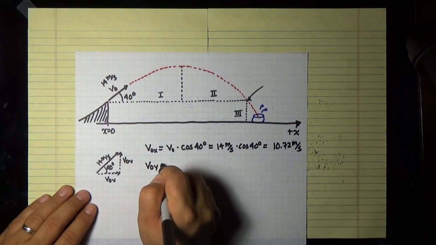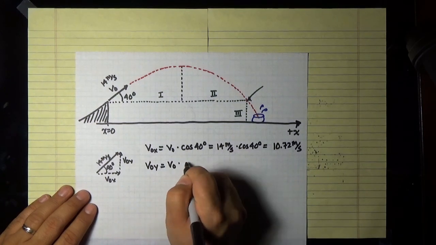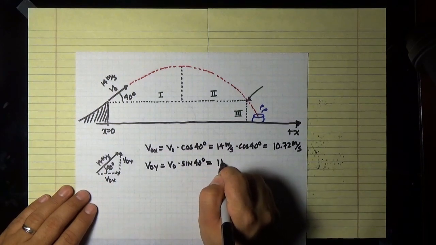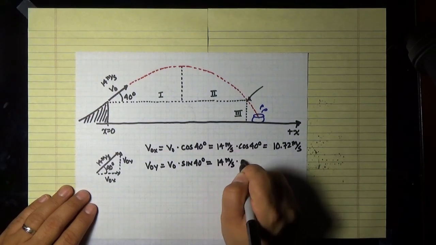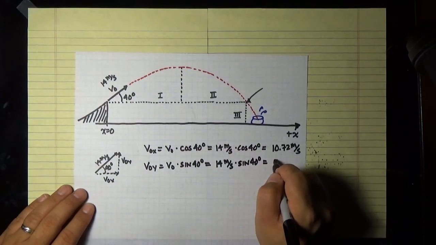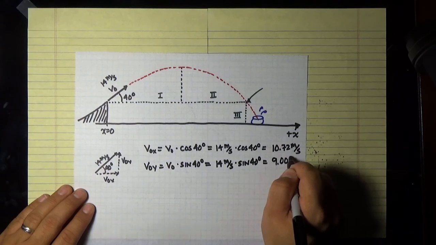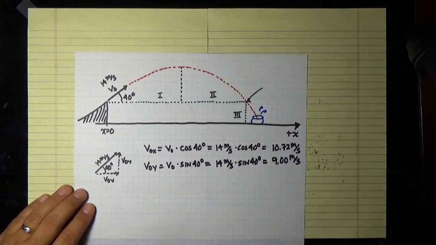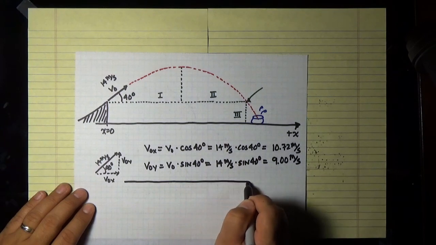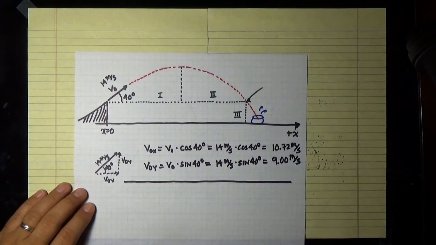V naught y is similarly v naught times the sine of 40 degrees, and that's 14 meters per second times the sine of 40 degrees, and if I work that out, I find that it is 9.00 meters per second. So those are the initial components of the speed at the moment that I leave the ramp, and as I said, I'll need that for any way that I go about solving the problem.